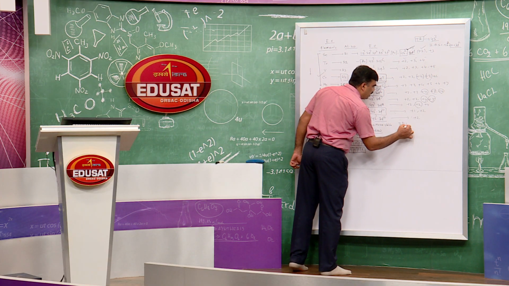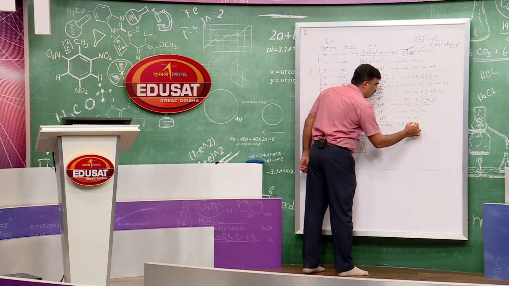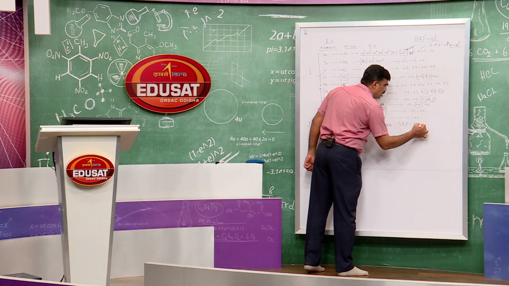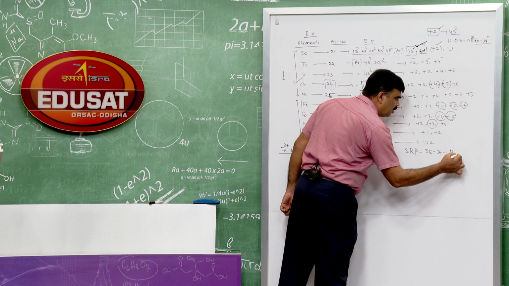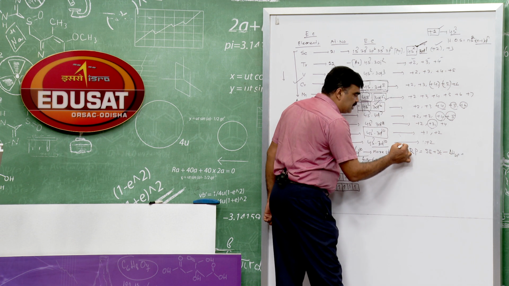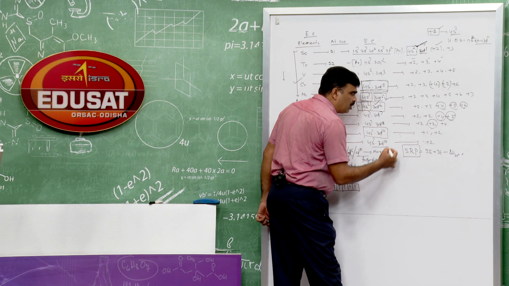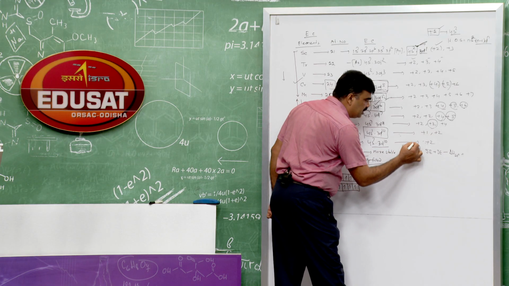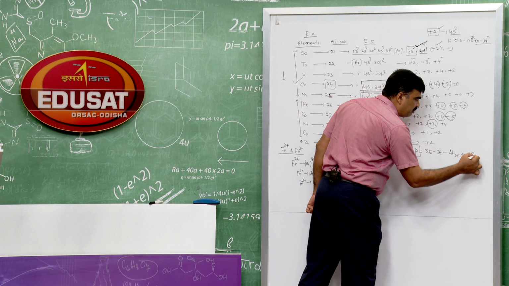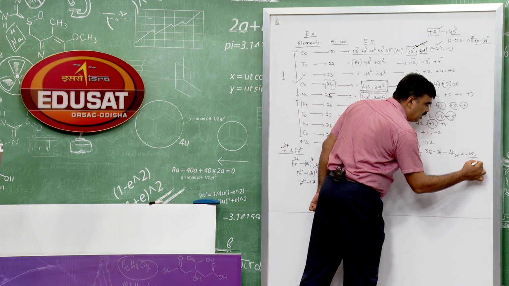Standard reduction potential is sublimation energy plus ionization energy minus enthalpy of solution. Remember this fundamental trick: if SRP of a particular oxidation state is negative, that means that ion is stable.